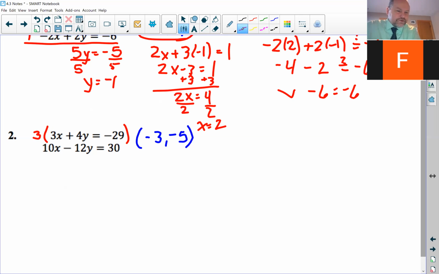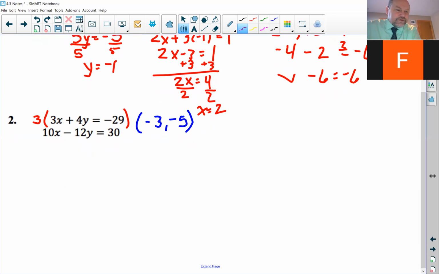So I'm going to rewrite these underneath. So I'd have 9x plus 12y equals -87. Again, you may want to use a calculator if you need to multiply that out, just to make sure you got it.